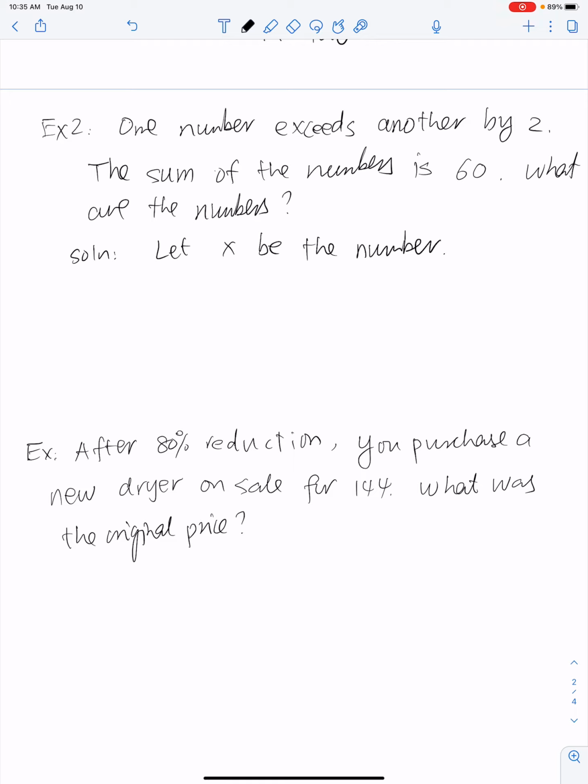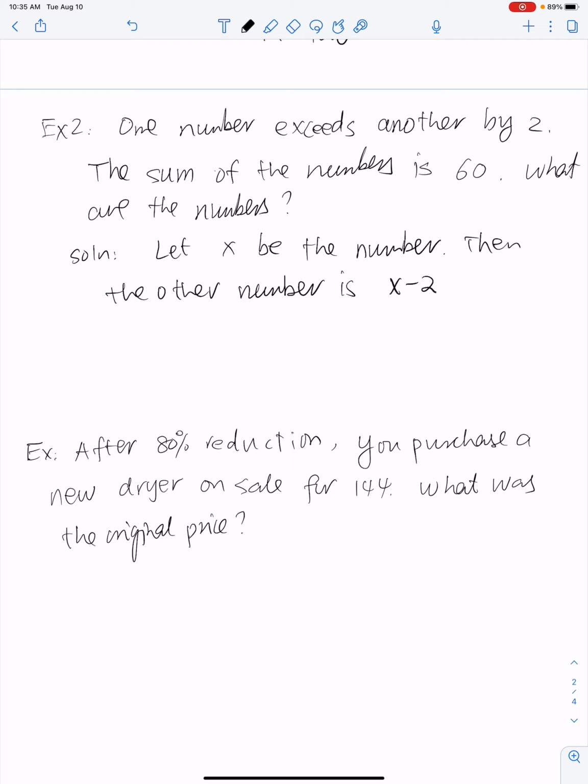One number exceeds another by 2. What will be the other number? Exceeds means more, it's bigger than the other one. So the other one should be smaller, so it will be x minus 2.